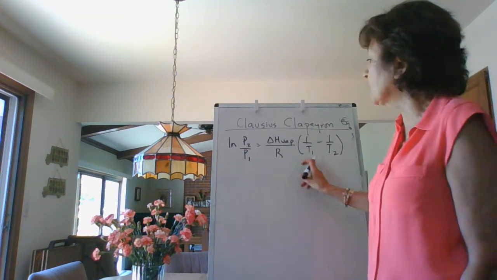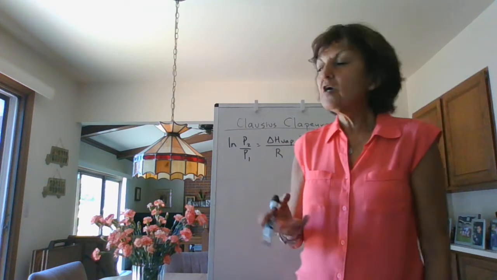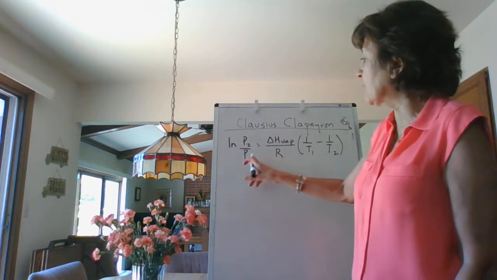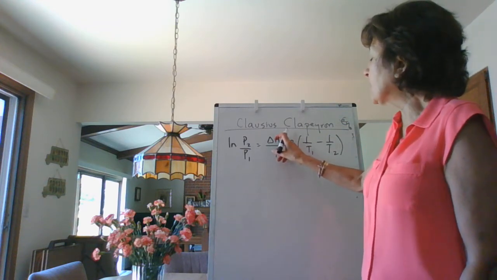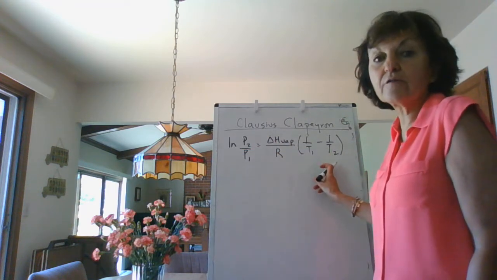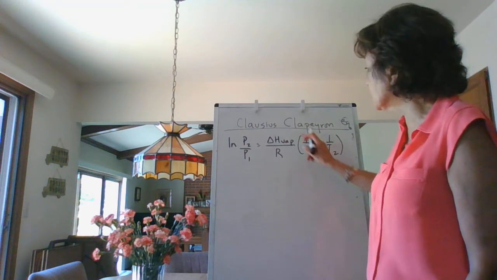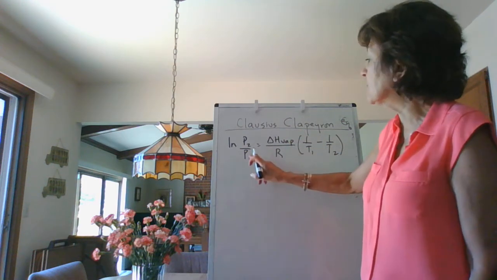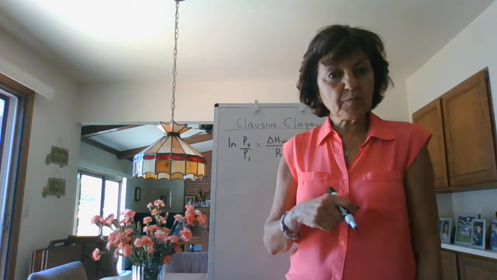So P1, T1, think of it as initial vapor pressure and initial temperature. So you have the initial temperature, you have the initial vapor pressure, you have the delta H of vaporization, and you want to know the vapor pressure at another temperature. So you have all of these, and you can solve for this. Okay, that's one type of problem.